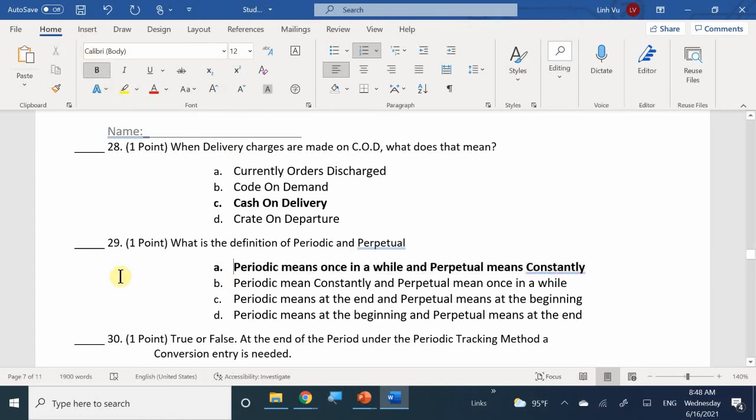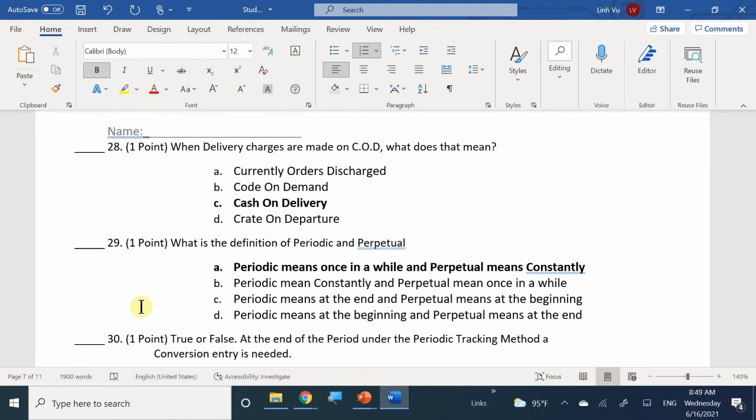This is also going to help you, especially when we dive into the next concept, right? When we talk about perpetual versus periodic, perpetual, it's constantly, right? We're going to be constantly updating our inventory. Whereas periodic, right? The reason why we only check once in a while is because someone has to physically go down to the basement and actually count how many items are actually in inventory.